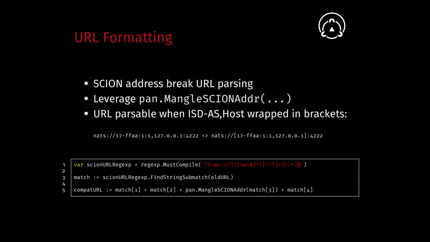Now, that actually is compatible in the URL spec. So all you have to do is transform that SCION address into this URL-parsable format. To do something like that, I have this snippet here, which is just a regex that will break up each piece of this URL.